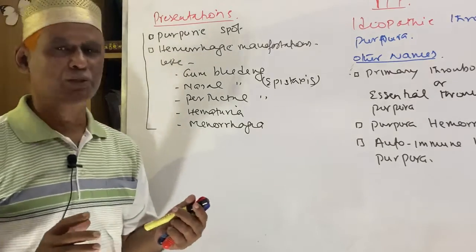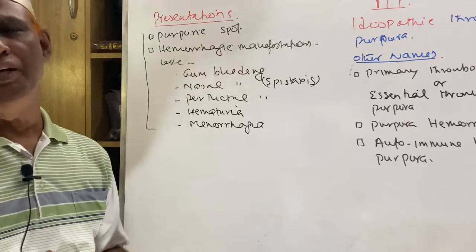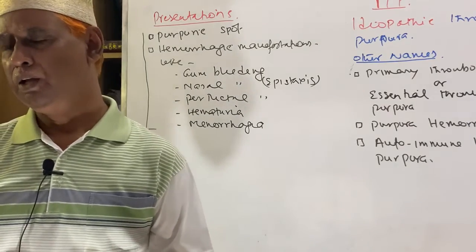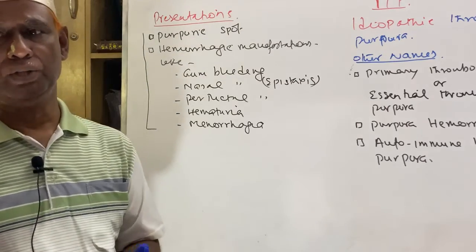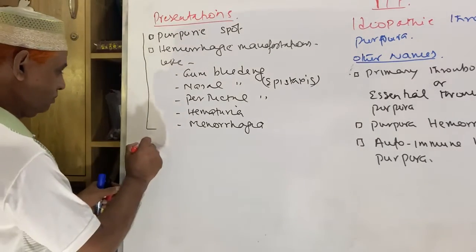So if anybody suffers from ITP and if you suspect clinically it could be a case of ITP, how can you diagnose in laboratory? Now come to laboratory diagnosis of ITP.